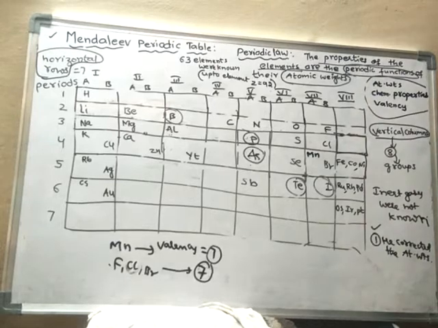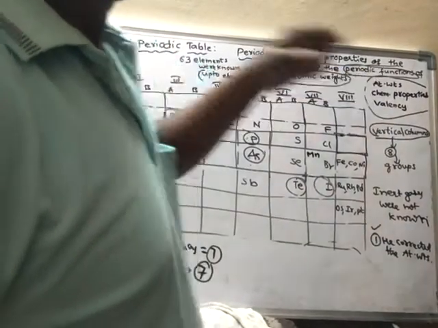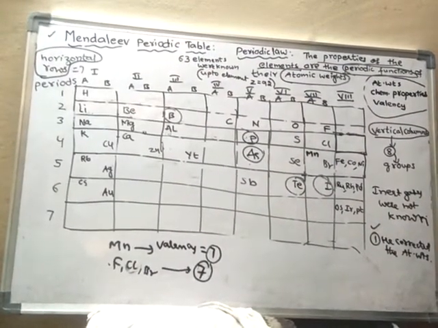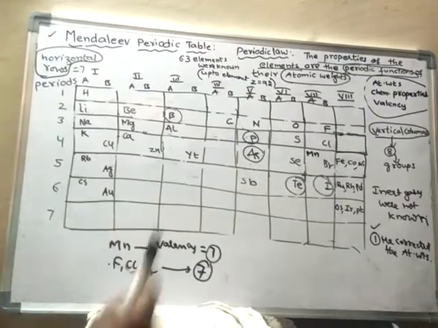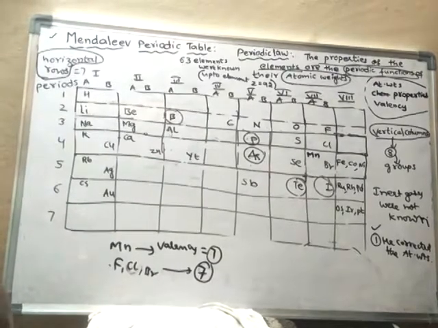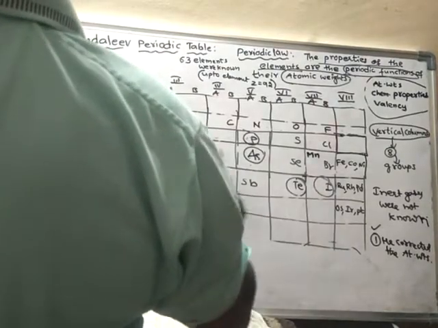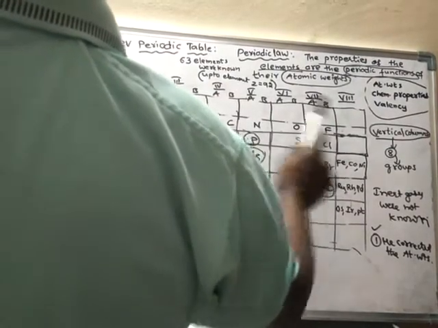It is against the periodic law, because periodic law says that when elements are arranged according to increasing order of atomic weights, there should be repetition of properties. So here manganese and all these elements are arranged according to increasing order of atomic masses.